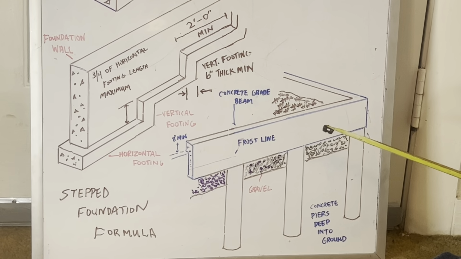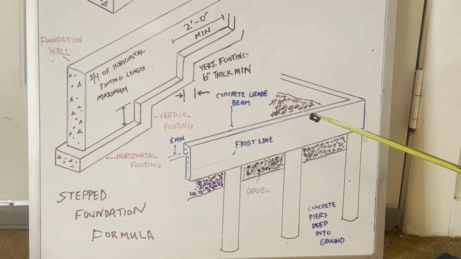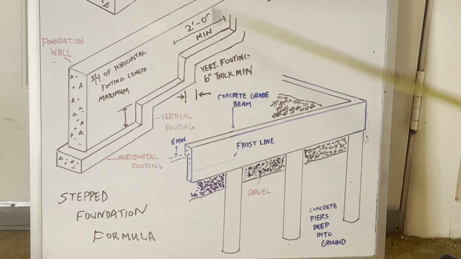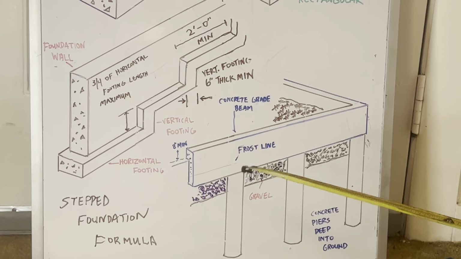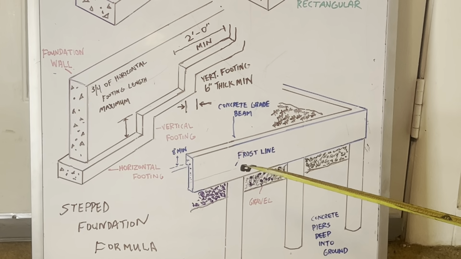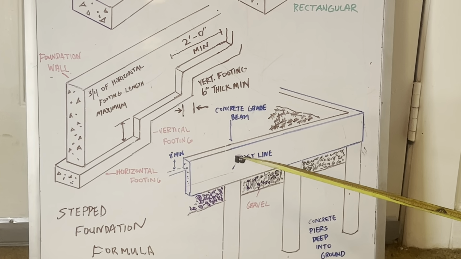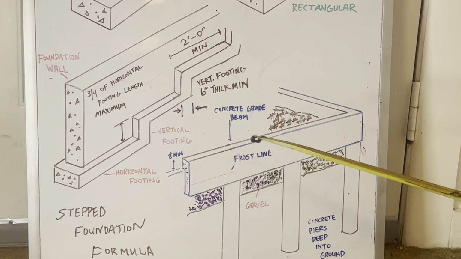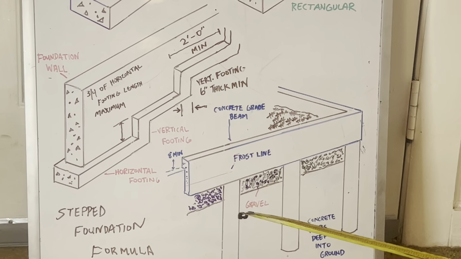Stepped foundations are used on steeply sloped lots, so this will be used for a sloped lot. Sections of the footings are shaped like steps, and a foundation wall with a level top is constructed over the footings, okay? It's going to be a level top.